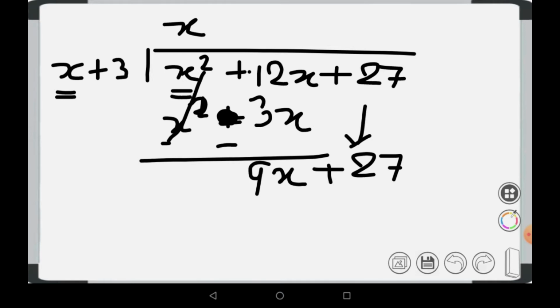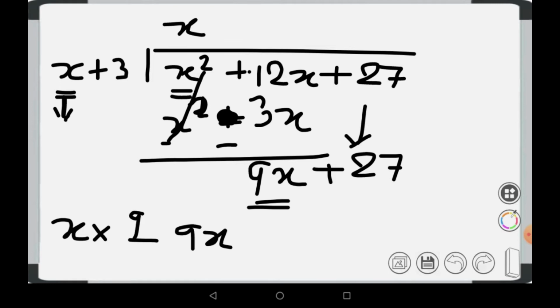Now again we have to look at the first term of the divisor and the first term of this polynomial. What will you multiply with x in order to get 9x? The answer is very simple. We have to multiply it with 9.